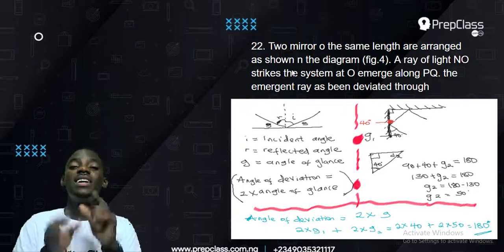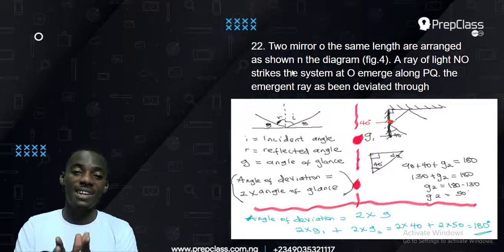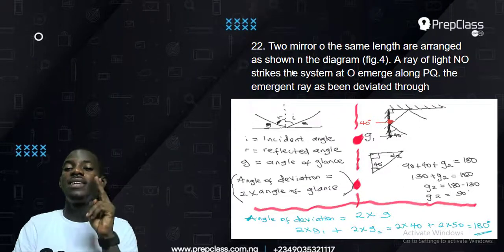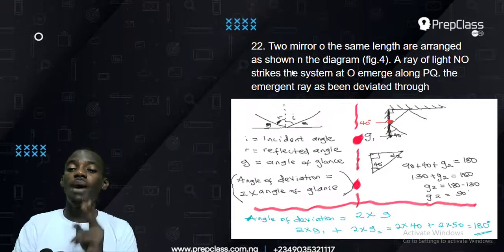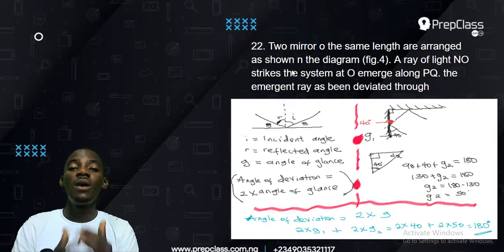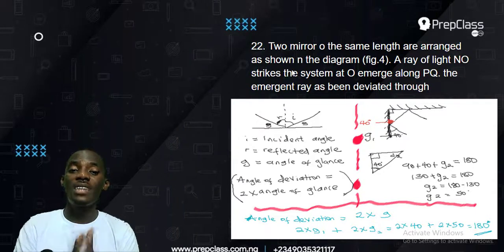The reason is because the shape has 2 angles of glance. The first is 40, double of it is 80. The second is 50, double of it is 100. 100 plus 80 gives me 180 as the total angle of deviation.